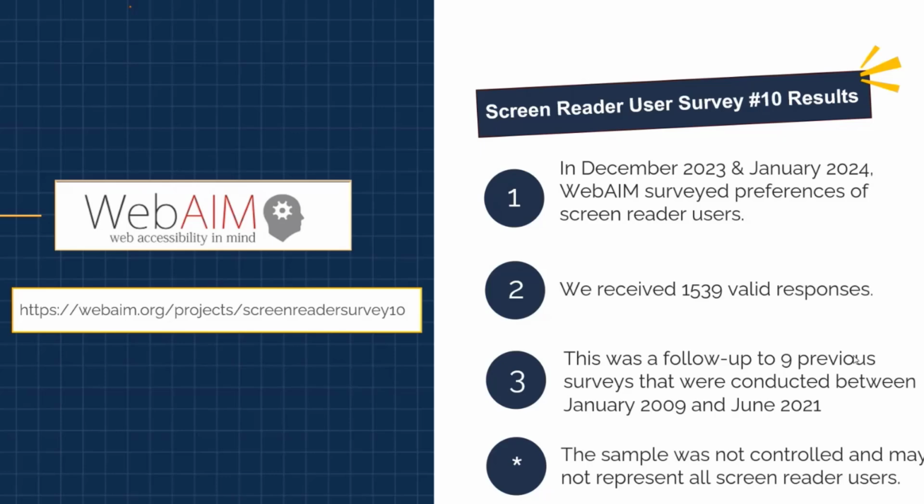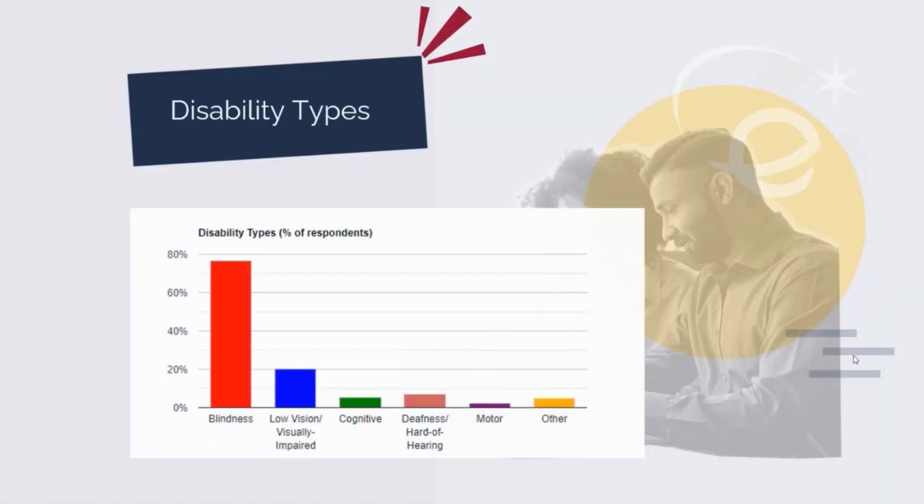There were about 1,539 valid responses, and it was a follow-up to the 9 previous surveys conducted since January 2009. Now, of course, big caveat, this is not controlled. It doesn't represent all screen reader users, but it's a nice snapshot from recent history to give us at least a rough idea of the learner base we're talking about.